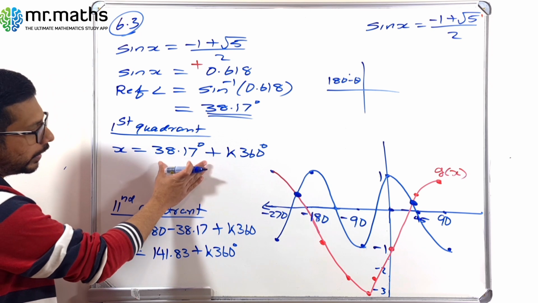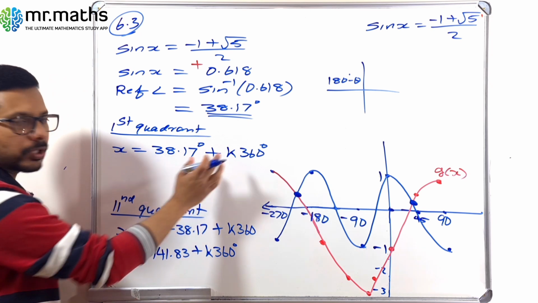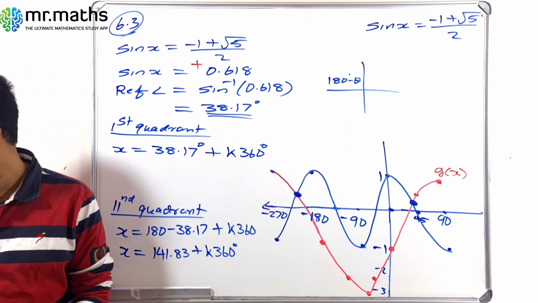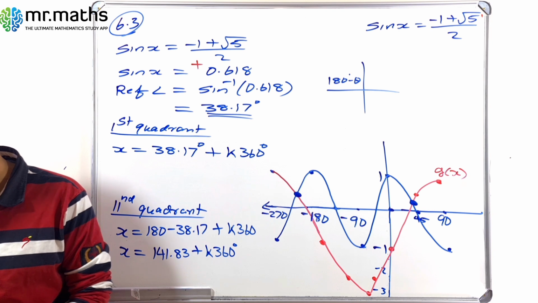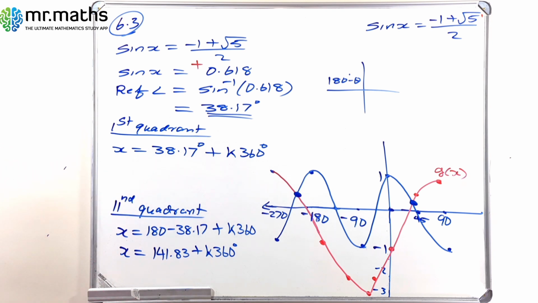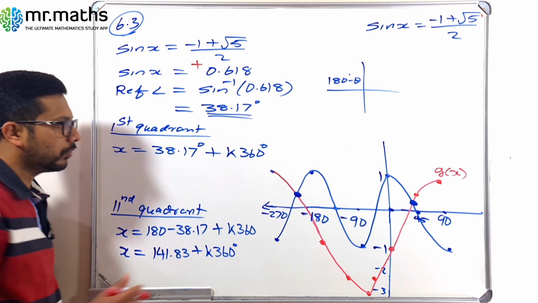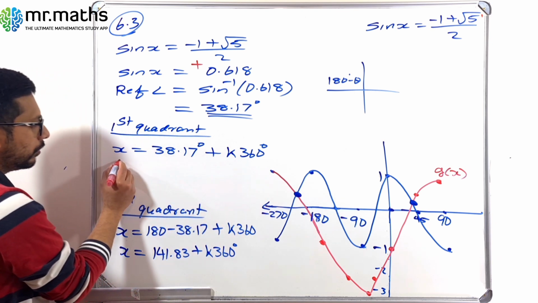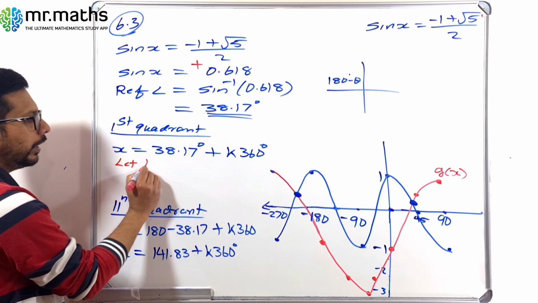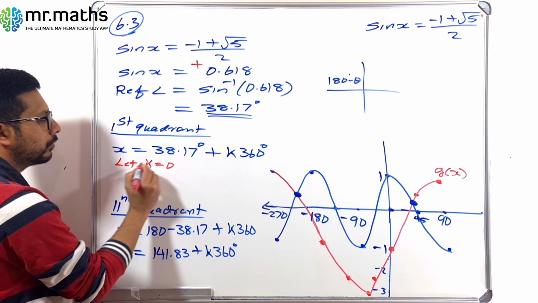So how do I get that answer here? I have to substitute the value of k as 0, am I right? So if I substitute the value of k as 0, so let k be equal to 0.